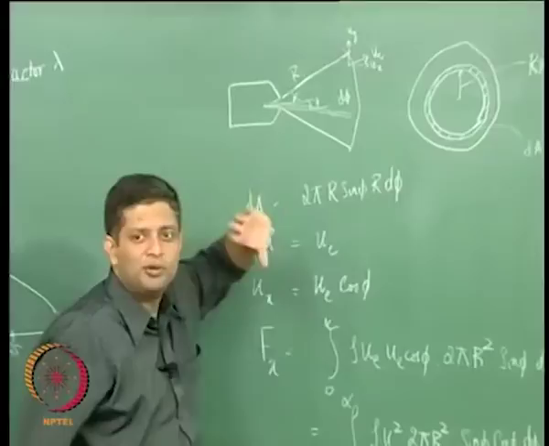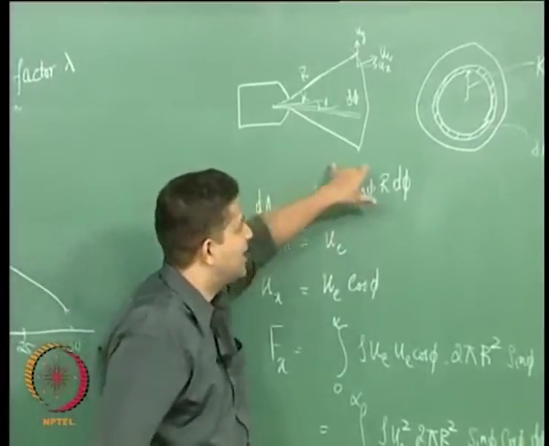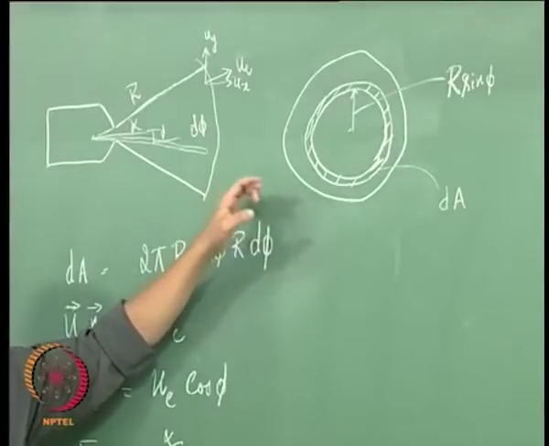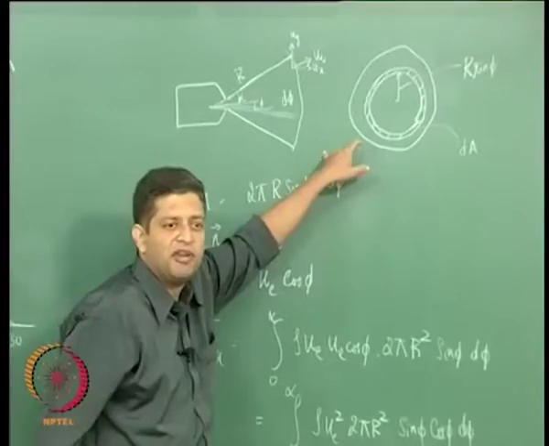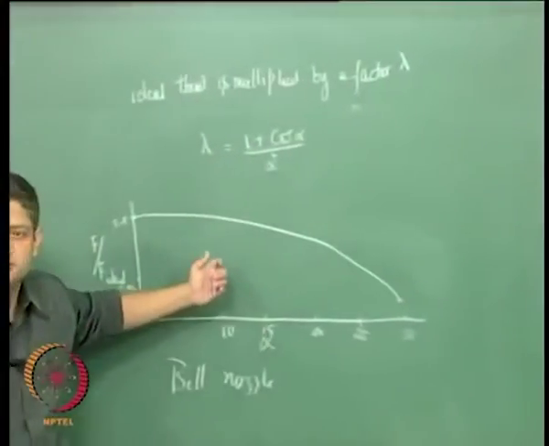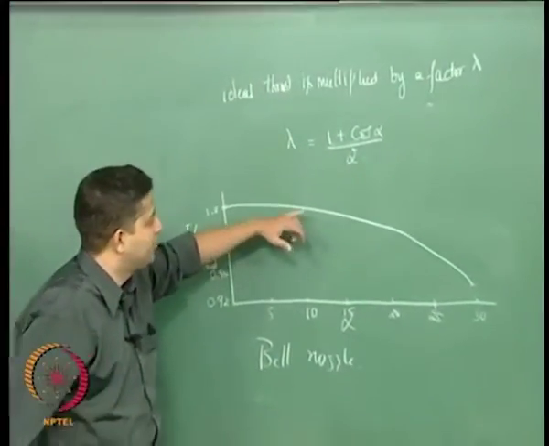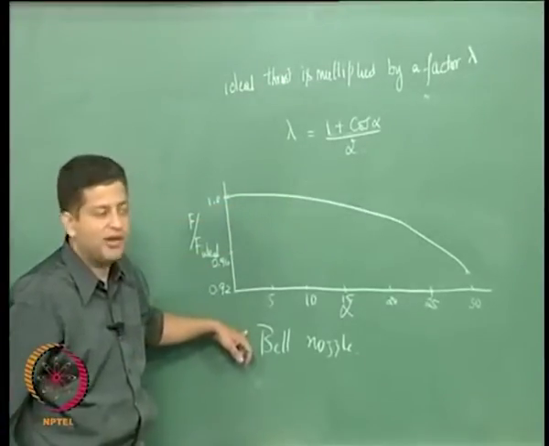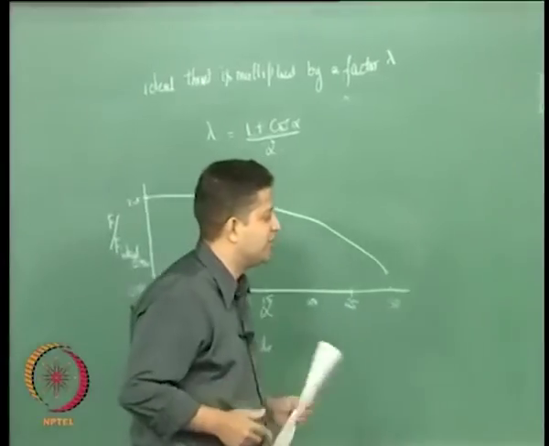If somehow we were to make the flow as parallel to the x axis as possible at the exit, then we will be able to recover a larger fraction of the ideal thrust, right. Then we will be able to restrict our loss to a smaller value. That is the idea of a bell nozzle.